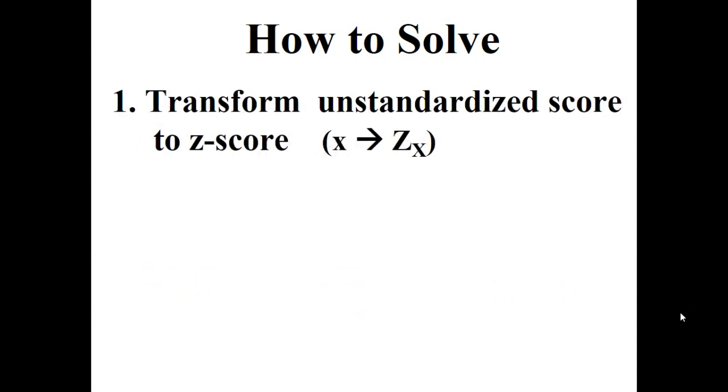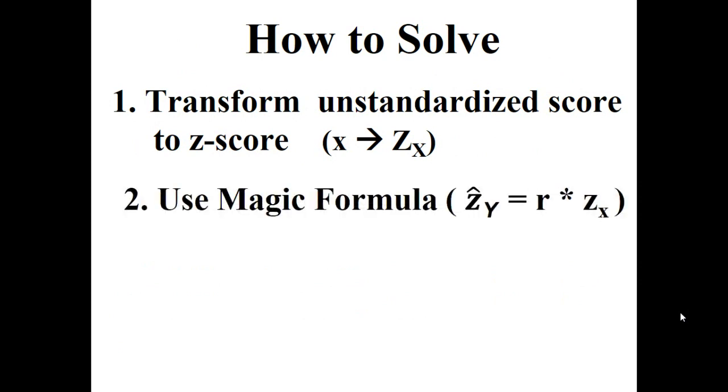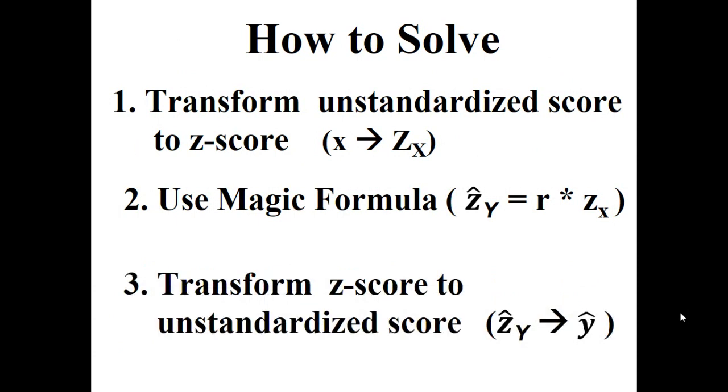So if we have an unstandardized x score, that is a raw score, we begin by transforming it into a z-score. Then we use the magic formula to get our estimate of the z of y. And since that estimate is a z-score for y, we have to transform it back into an unstandardized score for y.